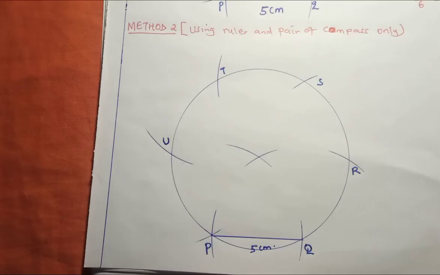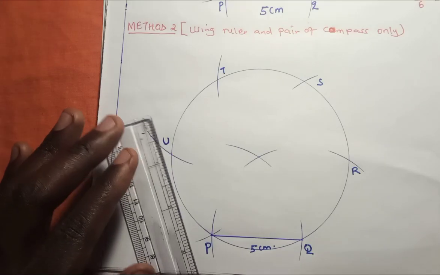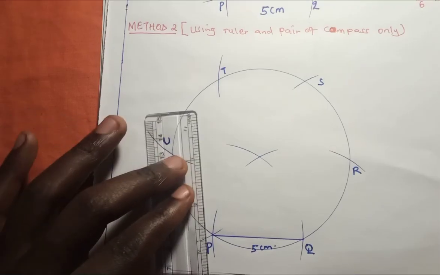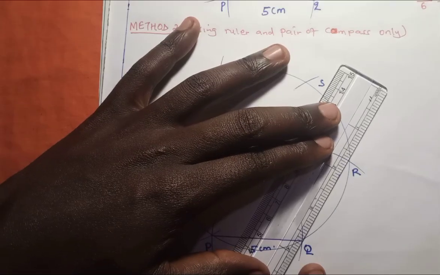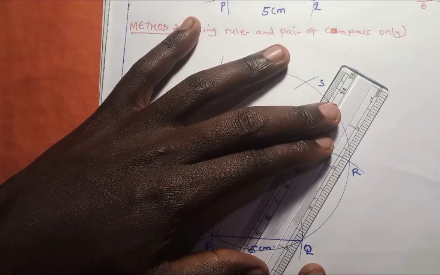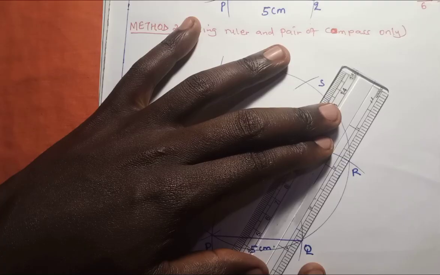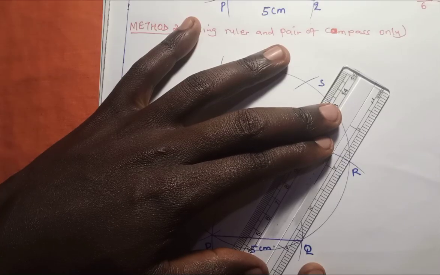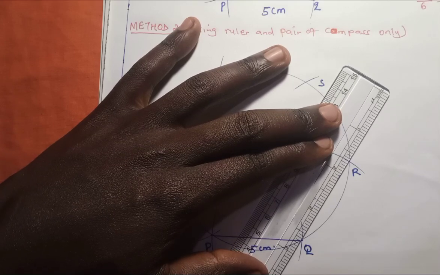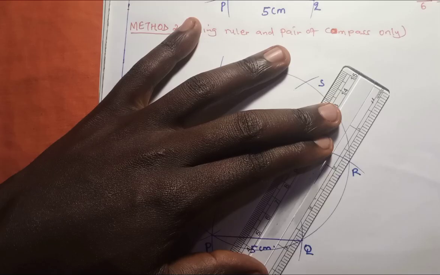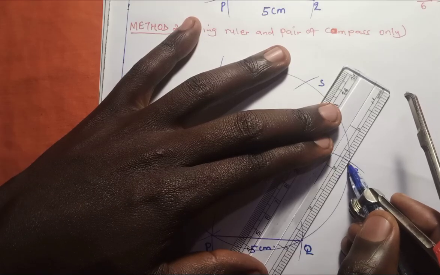The next thing is to use our ruler and join the points. We are going to join point Q and R. We want to use a very straight line.